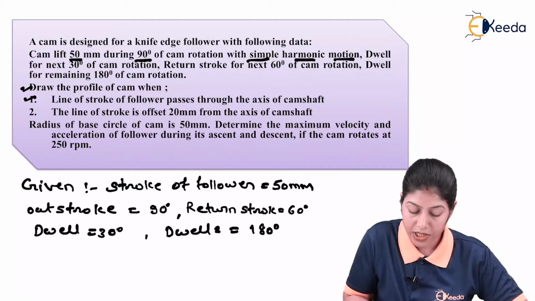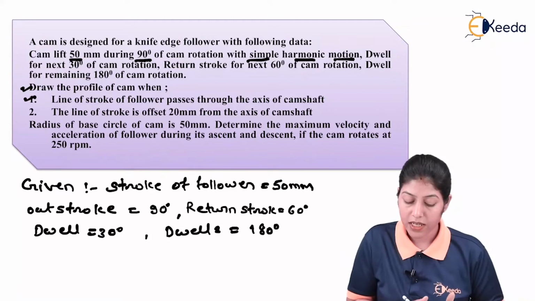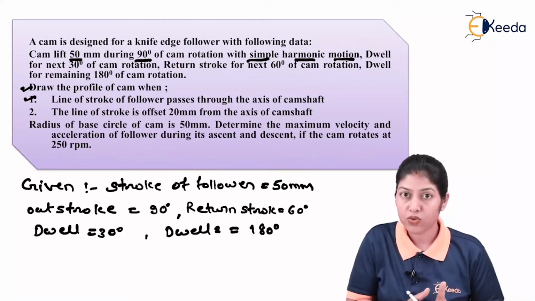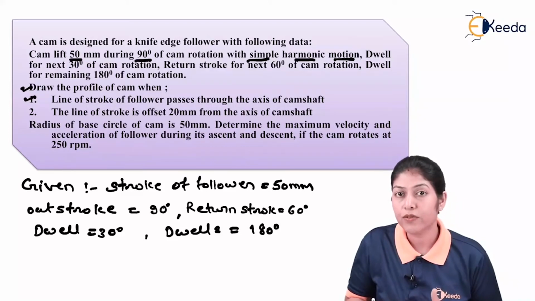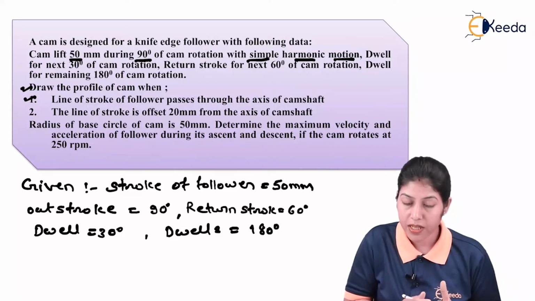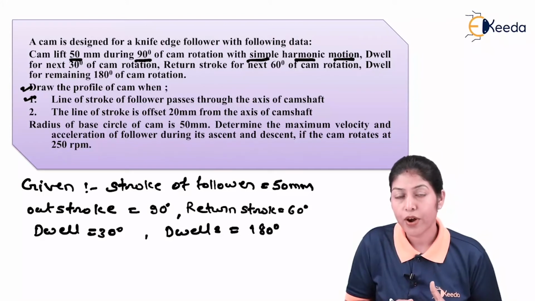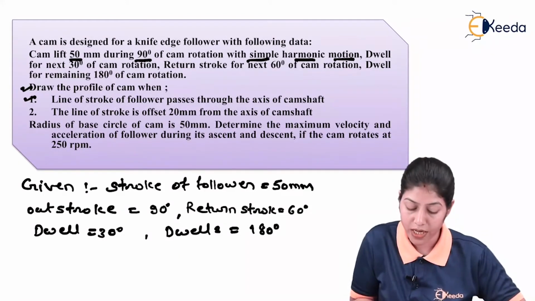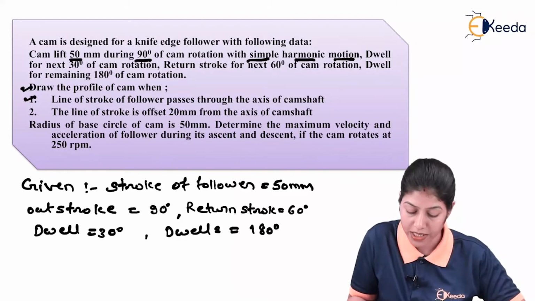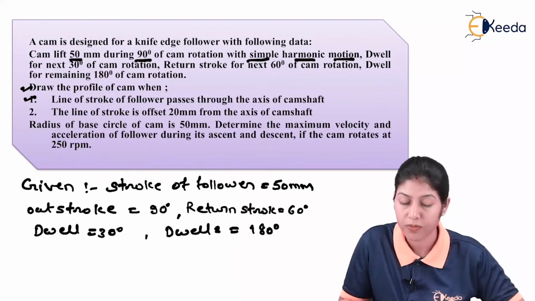Now second condition is when the line of the stroke is offset 20 mm from the axis of the shaft. So if we are considering the follower is situated 20 mm away from the center point of the cam, or the horizontal distance between the connecting point of the follower and the cam and the center point of the cam is 20 mm. That is called the offset condition. So for that condition we have to draw the profile of the cam.